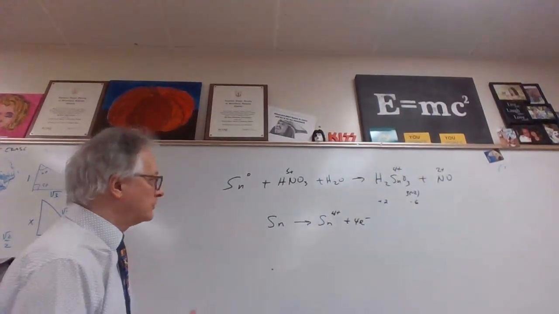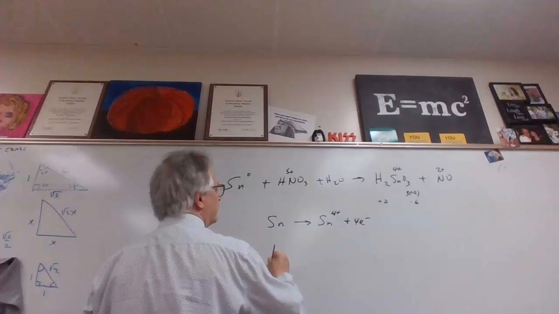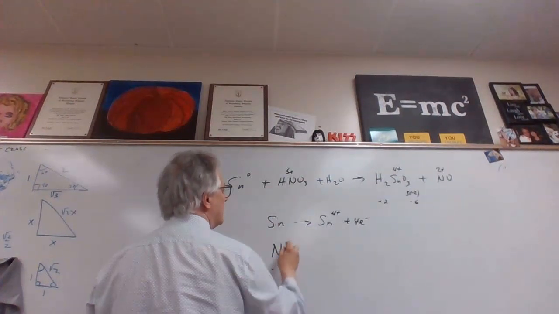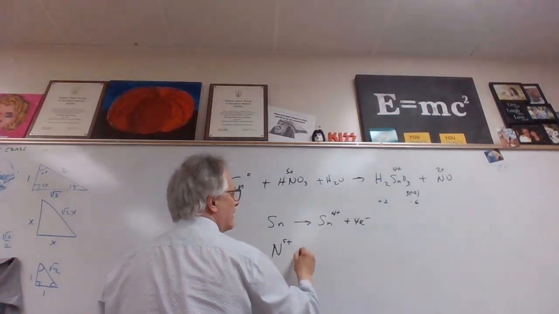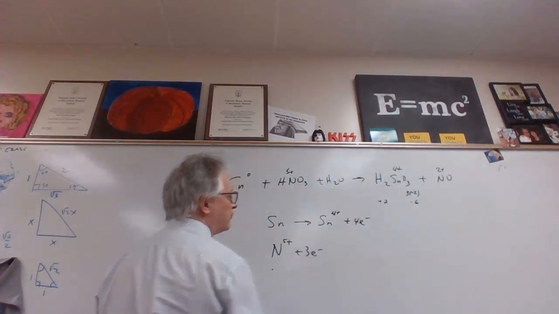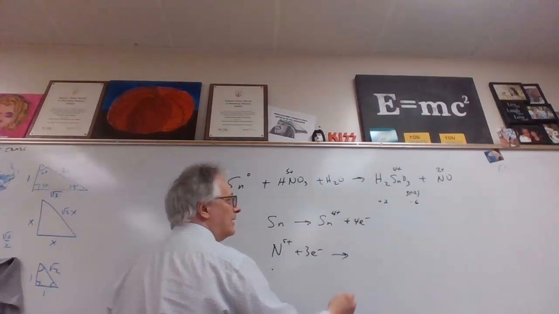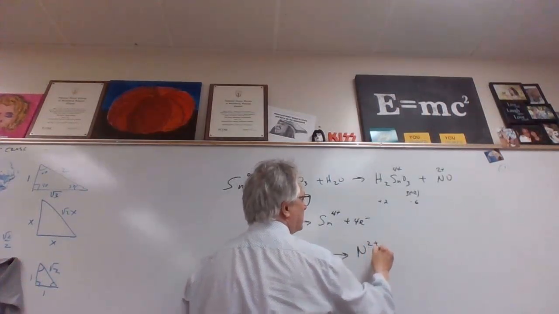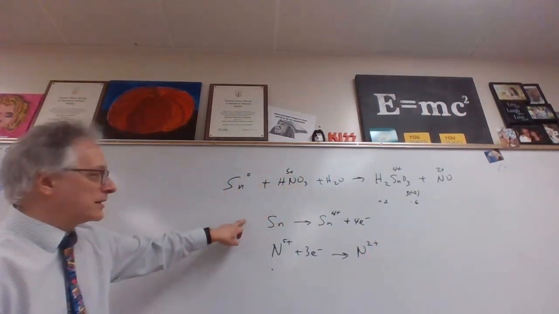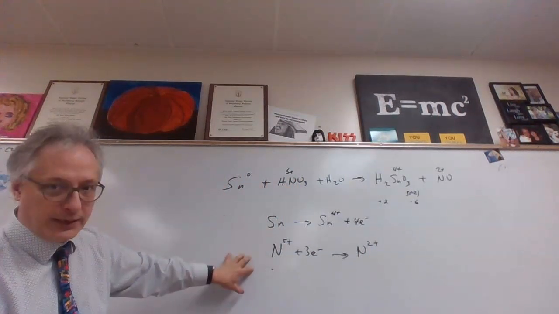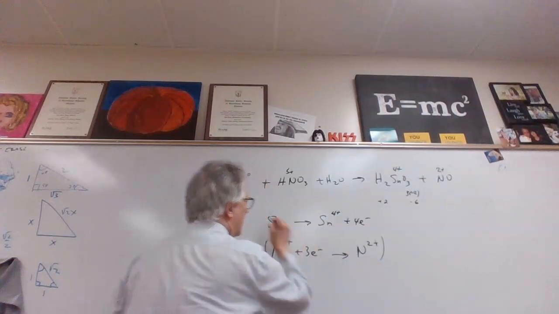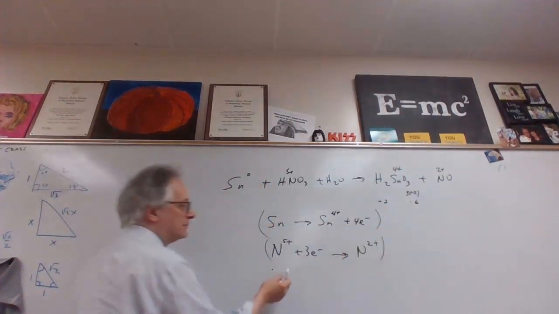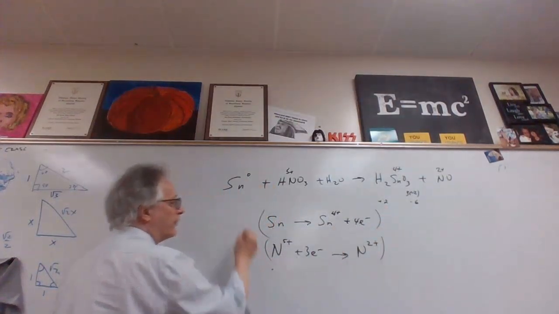And so let's go ahead and look at our nitrogen. We have nitrogen, and we're going to do a plus 5 plus 3 electrons, and that's going to give me N plus 2. This is my oxidation half reaction. This is my reduction half reaction. I want to get the same number of electrons, so we have a 4 and a 3.